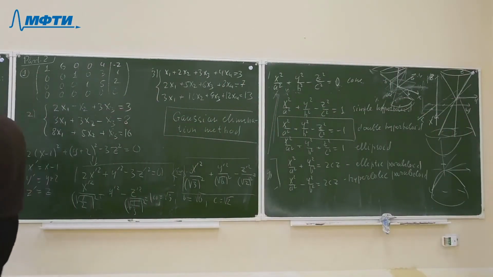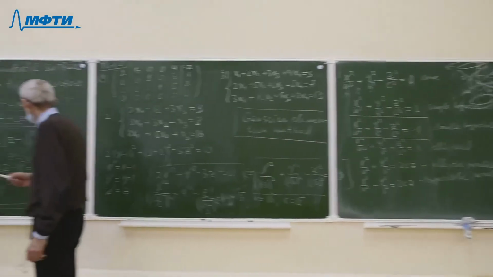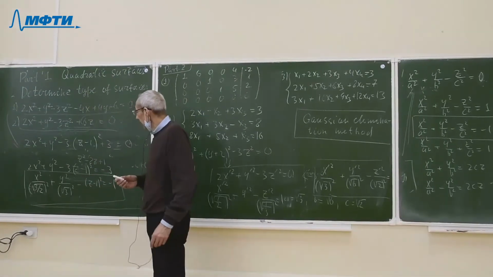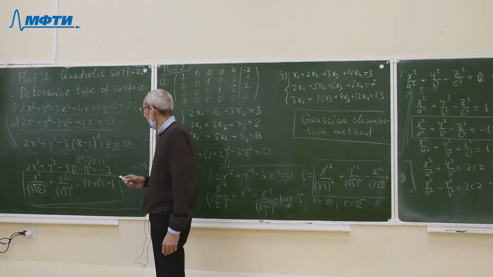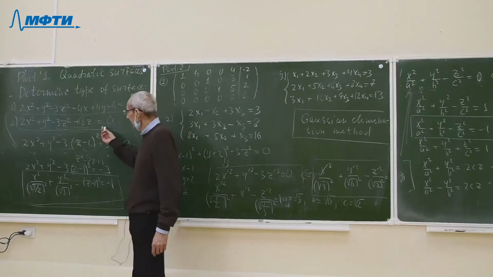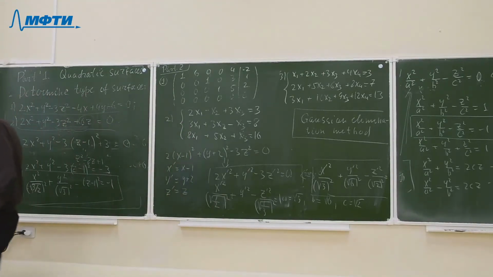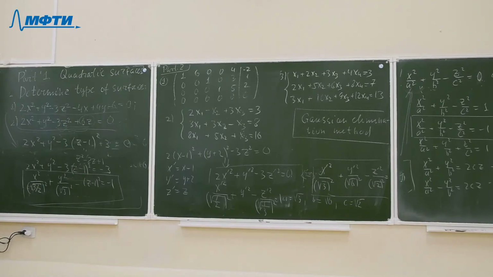And these two quadratic surfaces are connected to one another, but this relation is not simple. Maybe any question? This is the most simple problem. Yes, it's enough.